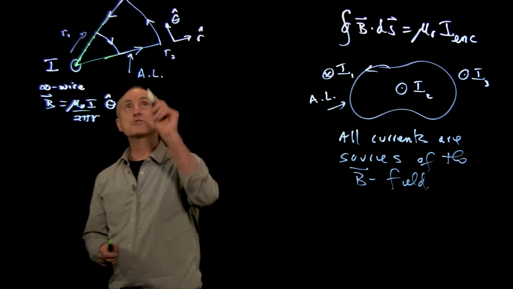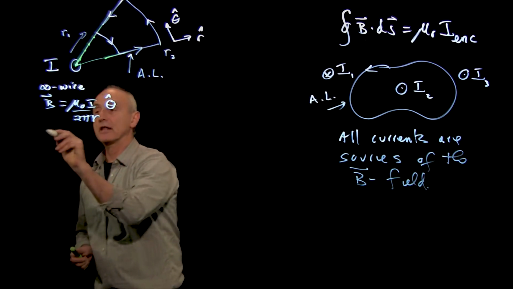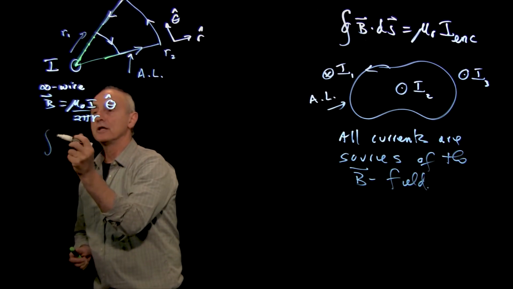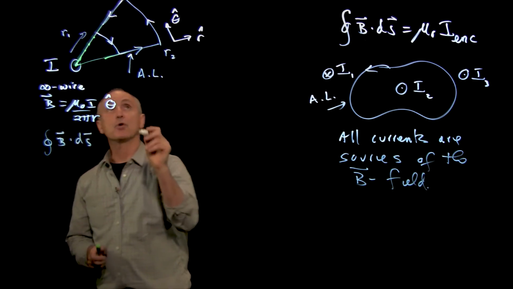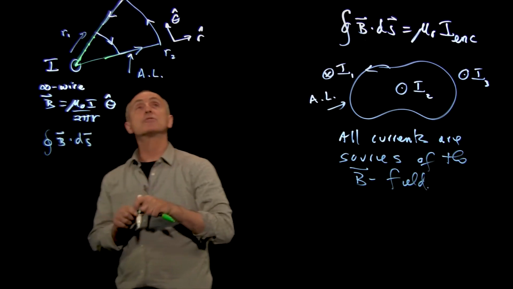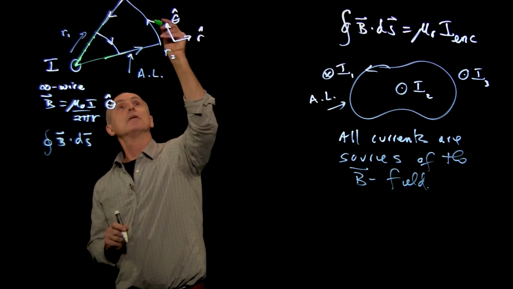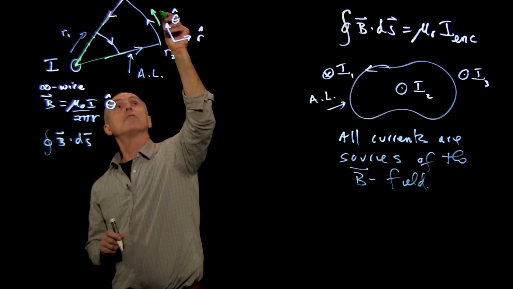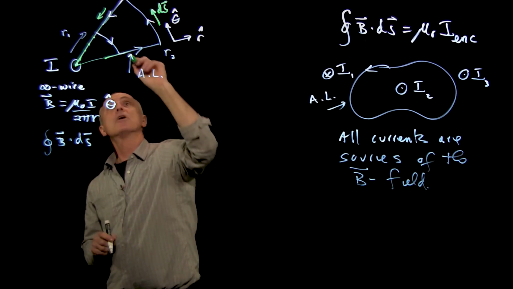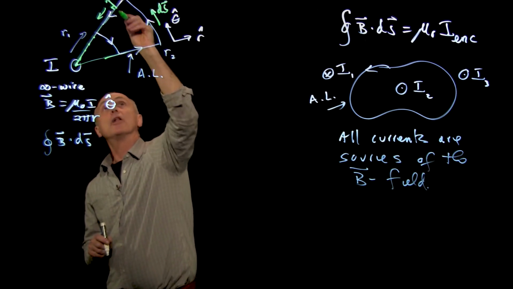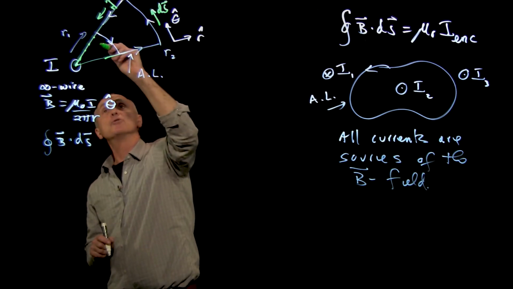So now we notice that we have 4 legs to calculate our line integral of B dot ds around. Now, on this leg, the B field is in the direction of the line element. Over here, the B field is going to be perpendicular to the line element, so there's no contribution.